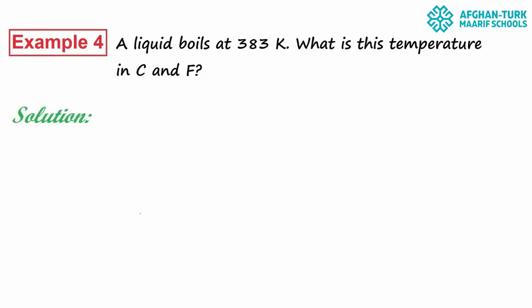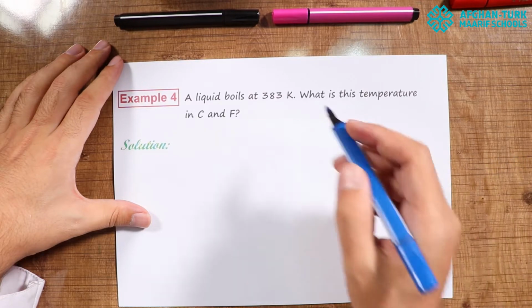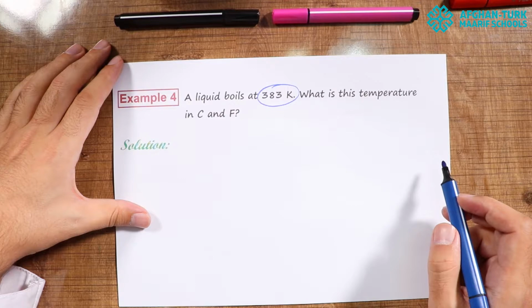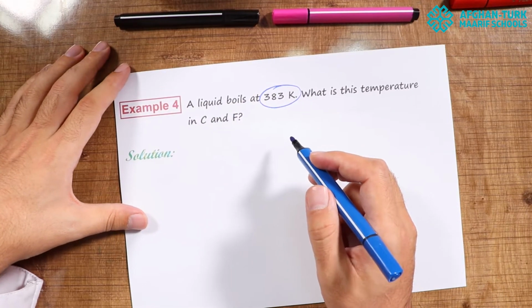In the fourth one, we will find the Celsius and Fahrenheit equivalents. I have 383 degrees Kelvin here. From the usual equation, I find the Celsius scale of this temperature as 110. Let's find it.